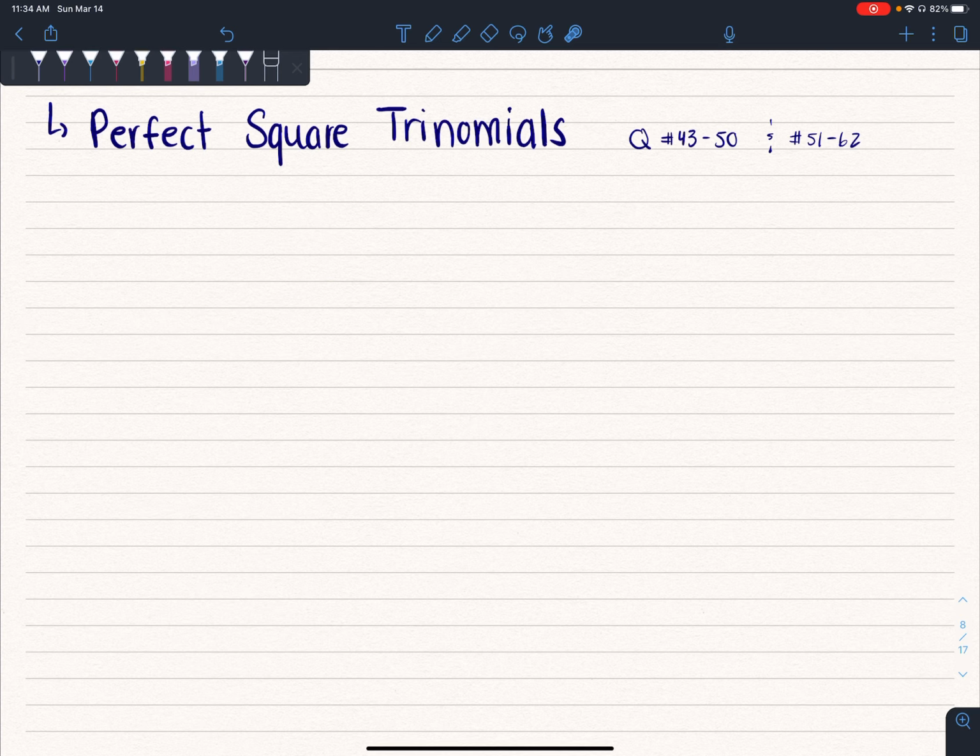So a perfect square trinomial is what you get when you have a binomial that ends up being squared. One example could be something like 2x plus 5, and that gets squared. If you remember what happens when we have a square on a binomial, you're not able to just distribute directly like this. That's not good. You can't do that. So you do actually have to expand it out.